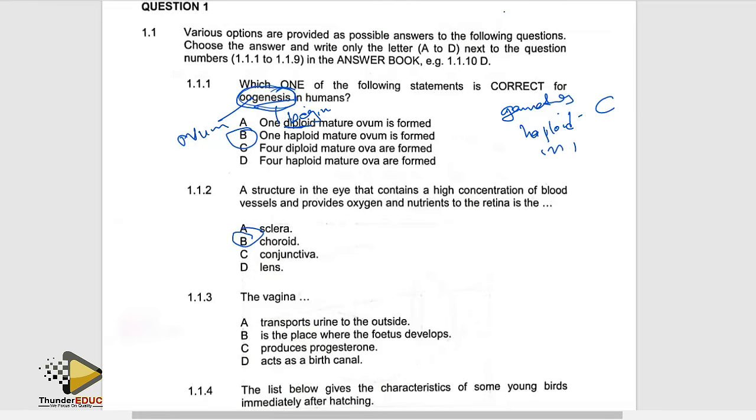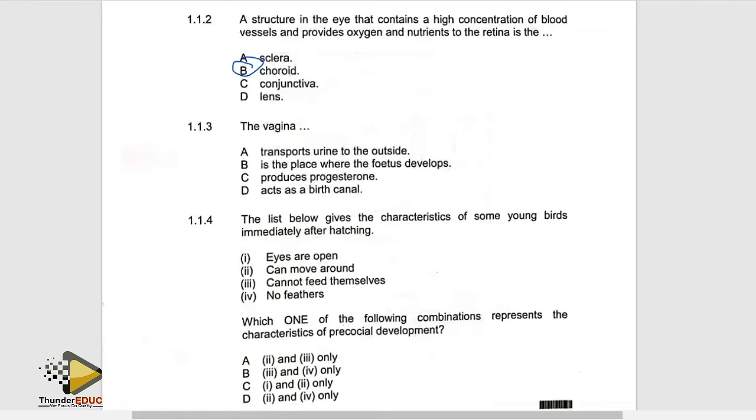Then we go to another question, which is about the vagina. Transports urine to the outside. Does the vagina transport urine to the outside? No, because the outlet of urine, in the case of the female, is just next to the vagina, on the outside.